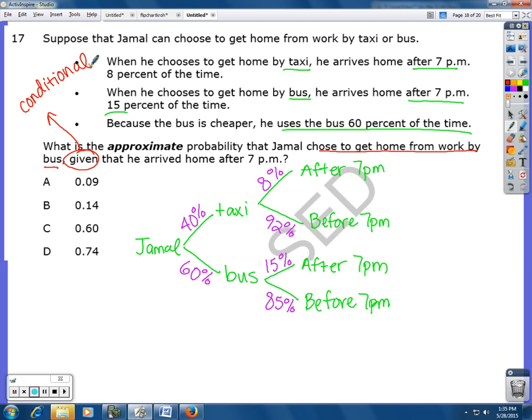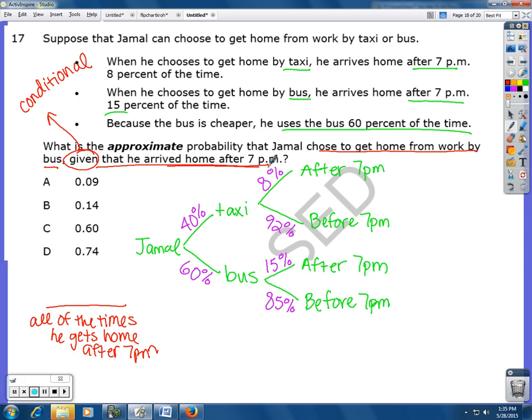So basically what this question is asking is, out of all the times that he arrives home after 7 p.m., out of all those times, what's the probability that he got home by bus?